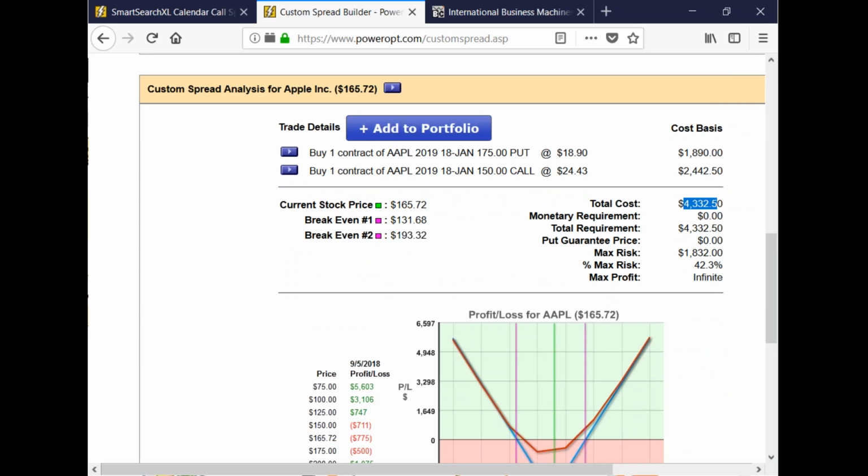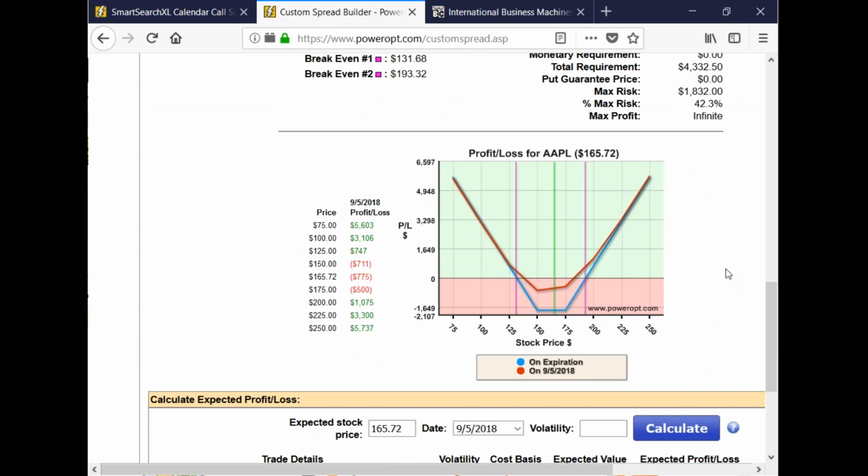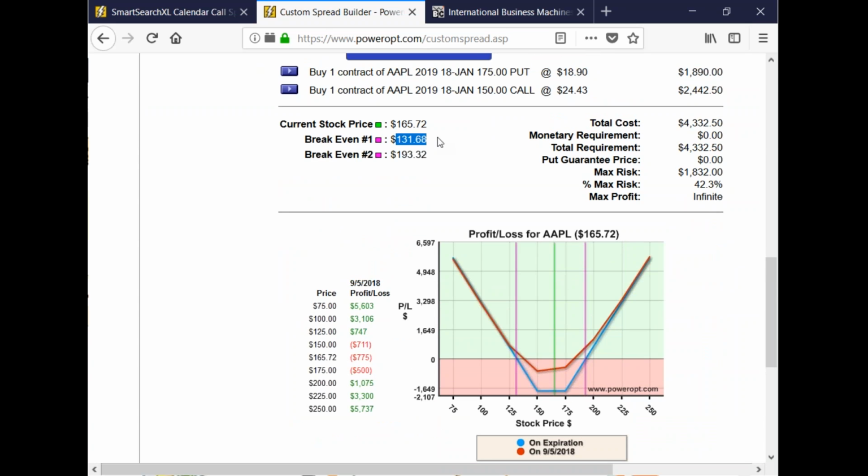Yes, I only have 4,000 invested instead of 18,000. I have 2 ways I can win. You have two ways to win, but at expiration, it's not until the stock hits 130 or goes up to close to 195. And I'm risking 1,800, twice the amount I'm risking on the married put.